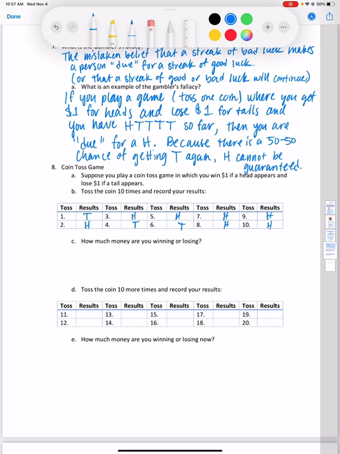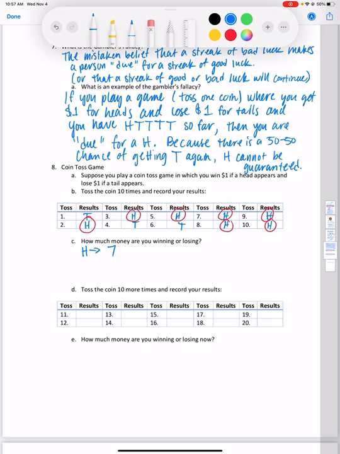Now, I tossed a coin 10 times. How much money am I winning or losing at this point? So let's count up our heads. Heads are 1, 2, 3, 4, 5, 6, 7. Awesome. So we have 7 of them.